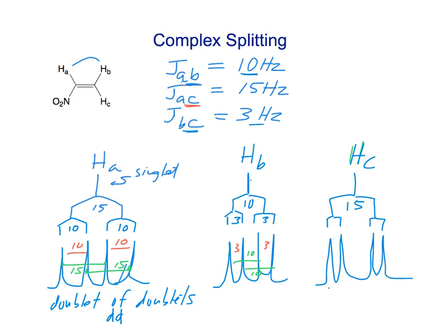And so this one would be 3 and 3, and from here to here would be 15, and from here to here would be 15. Because we have this 15 hertz gap, we know that those two couple with each other. This has a 3 and this one has a 3, so those couple as well. So we can figure out which ones are coupling to which by measuring all those coupling constants.